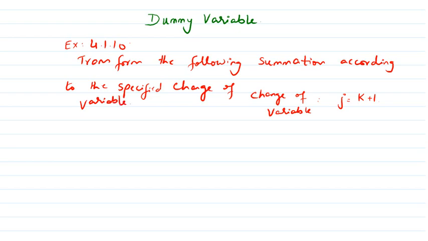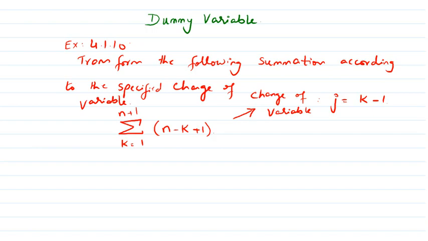So in this case, the change of variable that is given to us is j equals k minus 1, right? Now, what is the summation at hand? That is basically k from 1 to n plus 1, applied over n minus k plus 1, and we have to follow this change of variable, right?